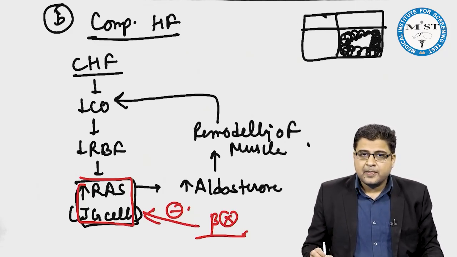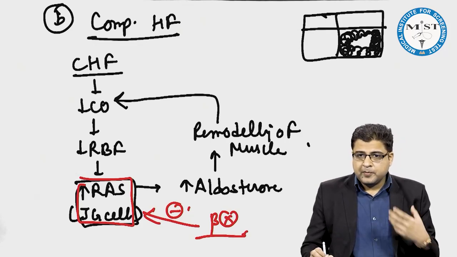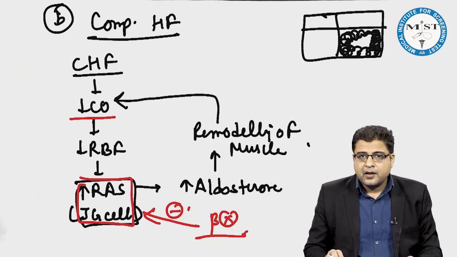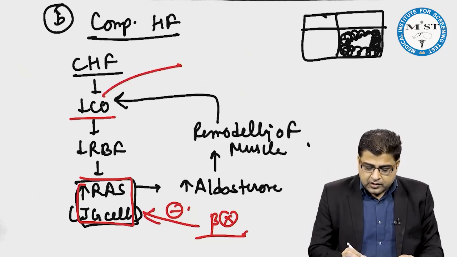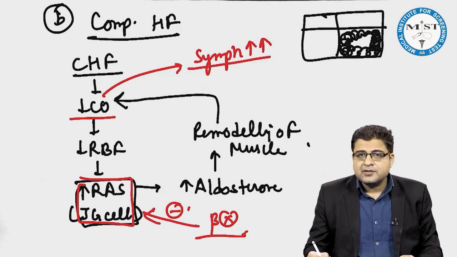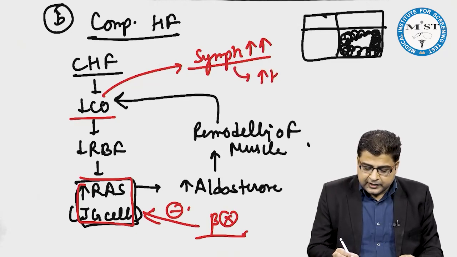And by preventing this process of remodeling, beta blockers can reduce mortality in patients of CHF and can improve survival. The second reason why we use beta blockers in CHF is, we already know that in patients of CHF, cardiac output is low. And because cardiac output is low, the patient's sympathetic system is overactive. And this sympathetic system has a tendency to induce tachycardia.